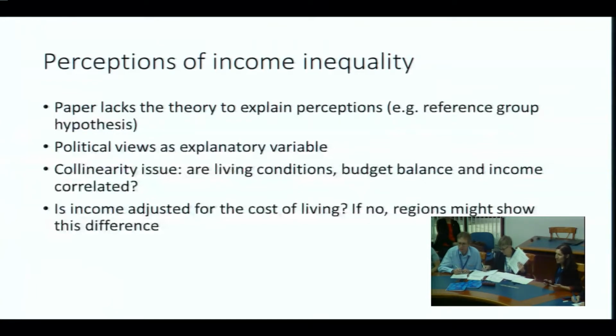For example, the reference group hypothesis is very common in the literature to explain how people form their perceptions. Also, I find that political view would be a very important factor explaining people's opinions on whether inequality is high or low. So if you have such a question, I would include it as an explanatory variable.